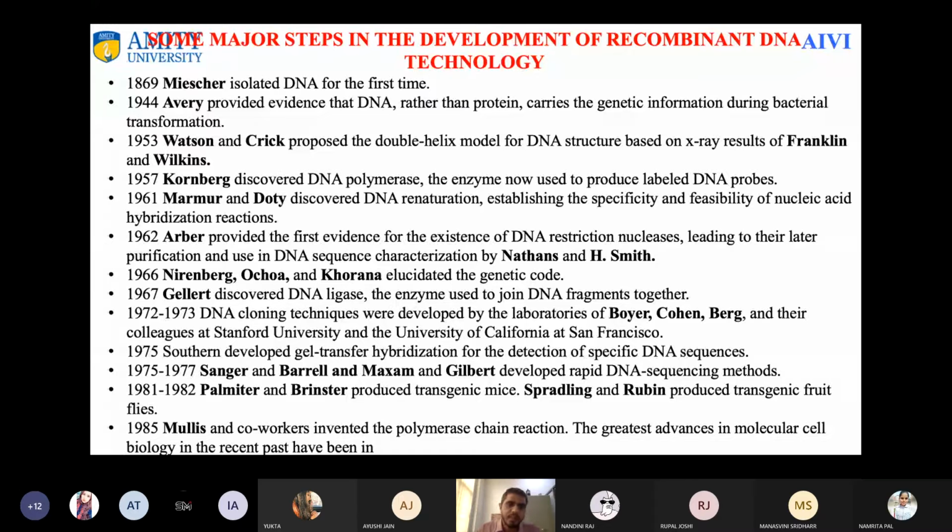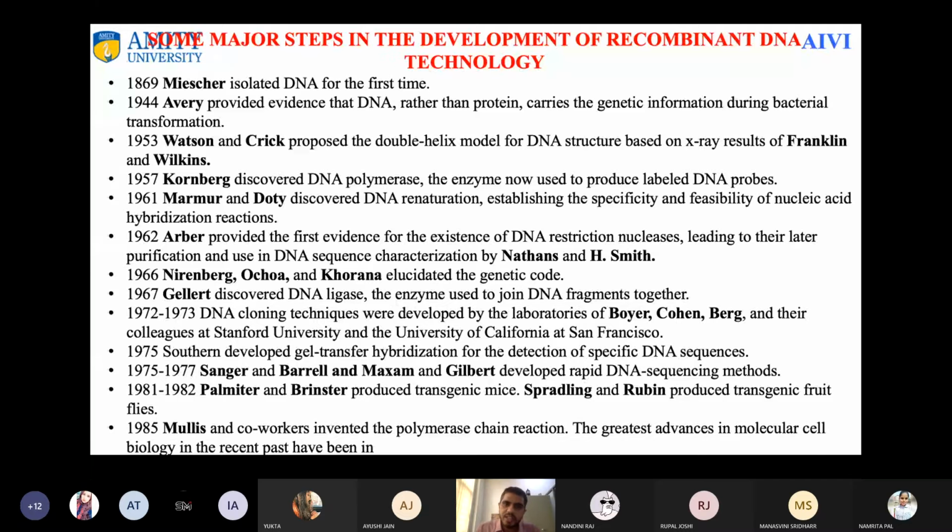Okay, then coming to 72, 73. Now further things are coming up. Boyer, Cohen, and Berg described a new technique, the cloning technique. Cloning, you all might be aware of. Clone means two identical things. Generation of identical things, we call clones. If you generate two identical humans, we call them clones.